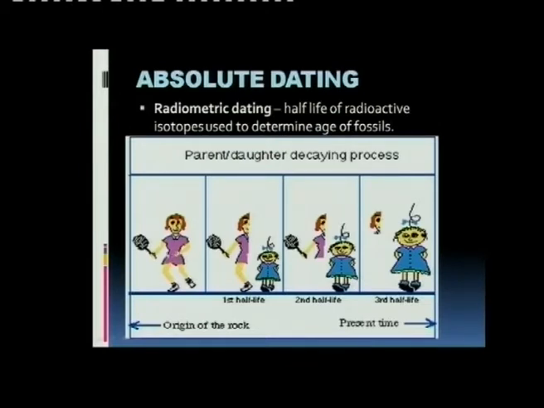It takes a certain amount of time for half of this uranium isotope to decay to the daughter isotope, which is normally lead. So uranium is the radioactive isotope, and the lead is the non-radioactive isotope. And the amount of time that it takes is a fixed time.